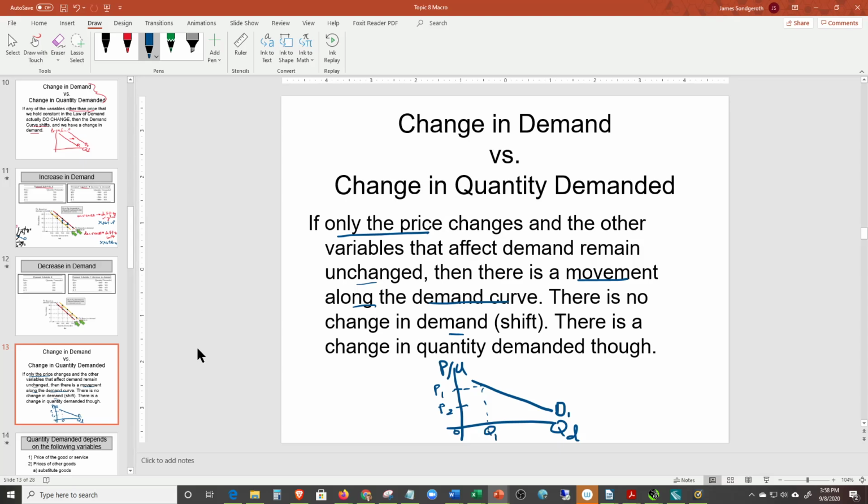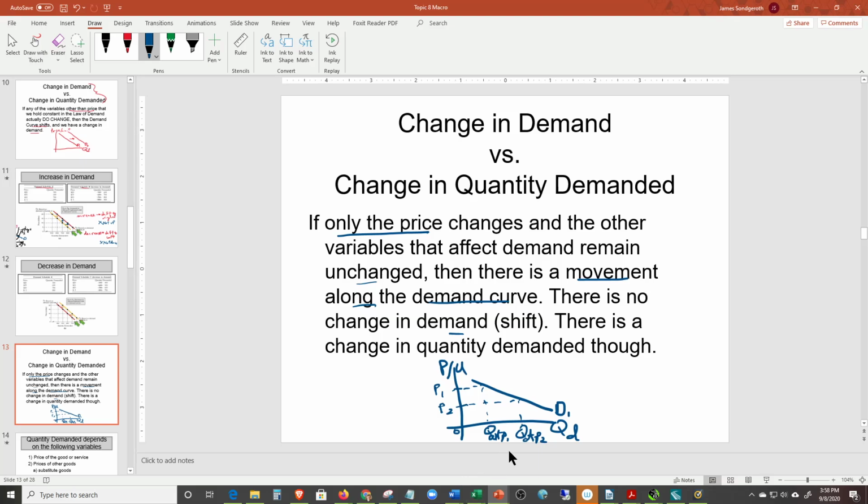This would be the quantity demanded at P1, and this is the quantity demanded at P2, okay?